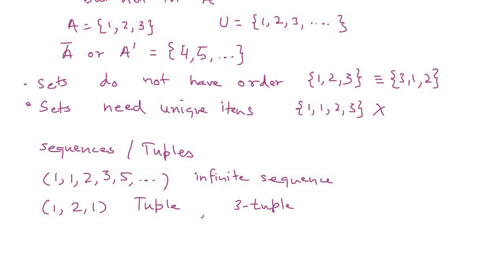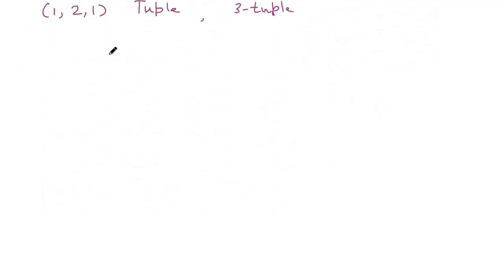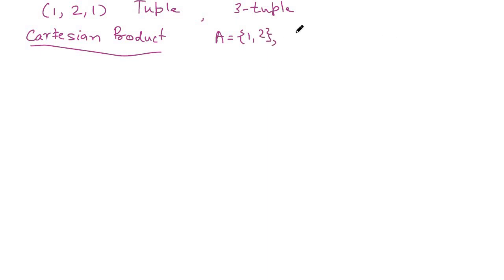So let's come to the Cartesian product of two sets. This is the way we combine two sets. Let us suppose that you have a set A containing 1, 2, and another set B containing a and b. The Cartesian product of A and B is denoted by A cross B, and it represents the items in pairs.